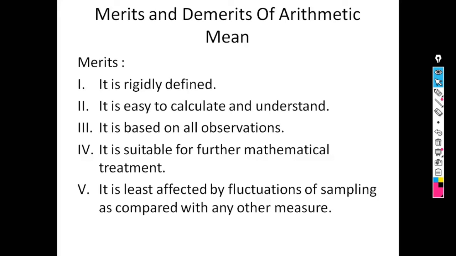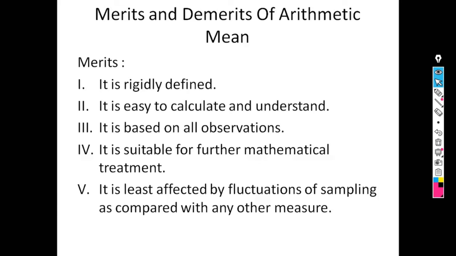Second merit is it is easy to calculate and understand, means we can easily calculate the arithmetic mean and it is easy to understand also. Next merit is it is based on all the observation, means we include all the observation for calculation of arithmetic mean. Next merit is it is suitable for further mathematical treatment, means any mathematical treatment or any statistical treatment may be based on arithmetic mean.